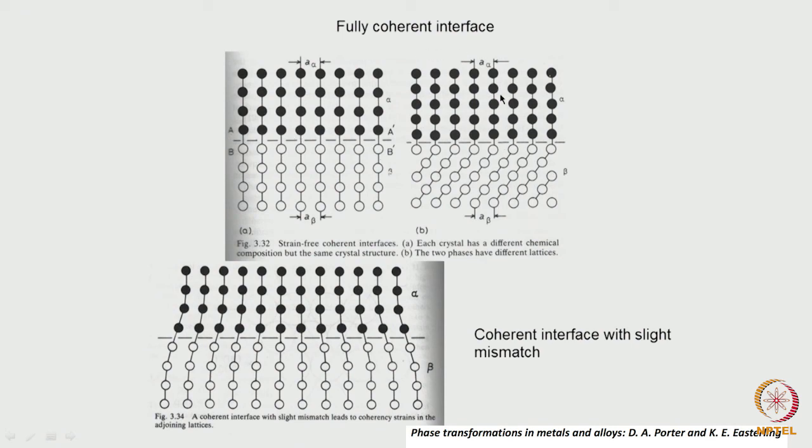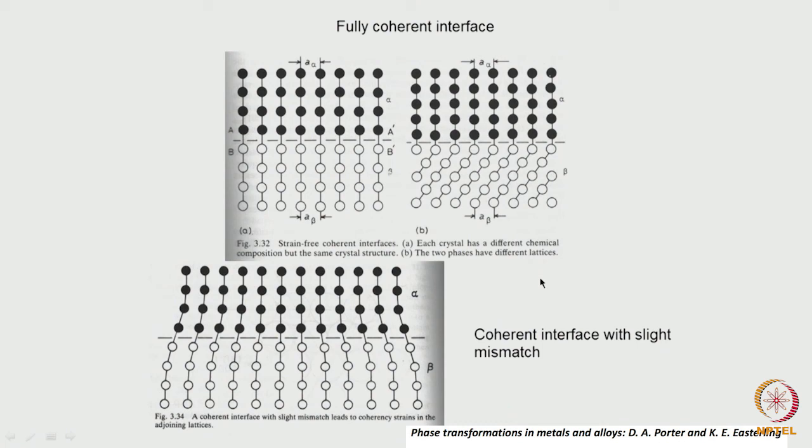This is another case which we are showing, where we assume this is the matrix. The matrix is inclined in another way, but across the interface, if you look at it, perfect matching is maintained, correct? Suppose the lattice parameter is different.